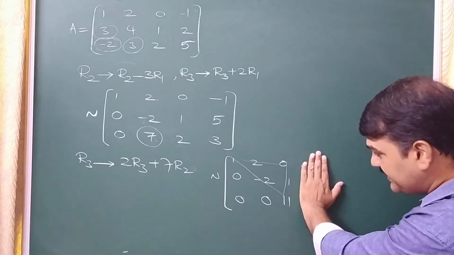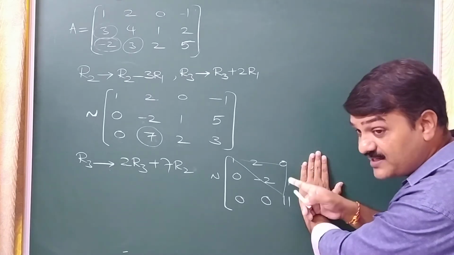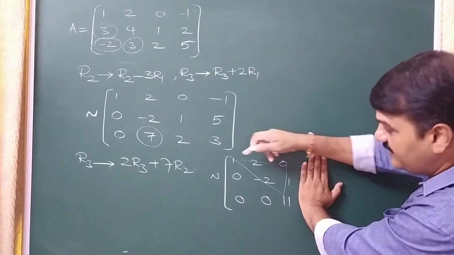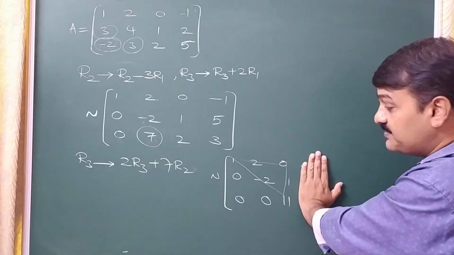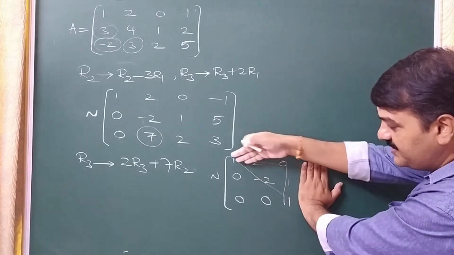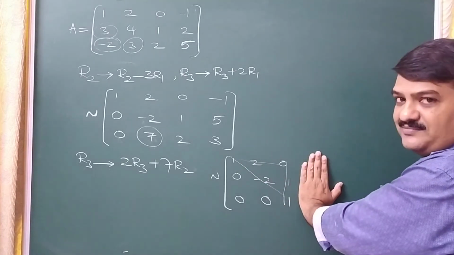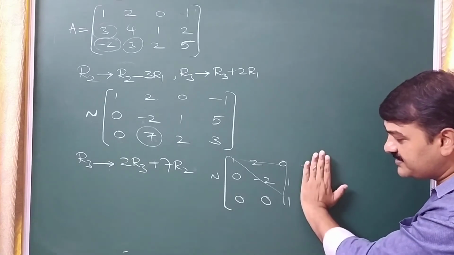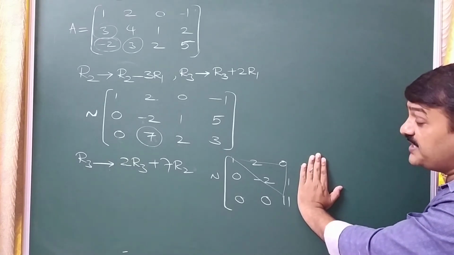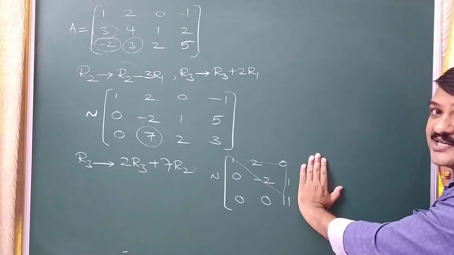So determinant is clearly the product of diagonal elements, and that is non-zero only, no? Therefore by removing this column, whatever 3 by 3 submatrix we are getting is clearly non-singular.